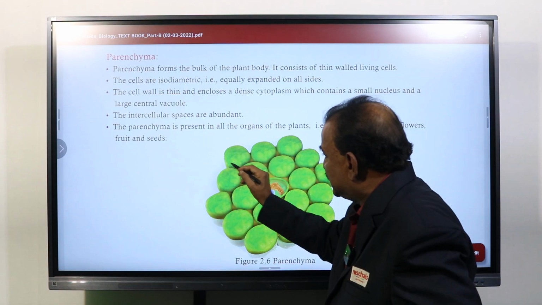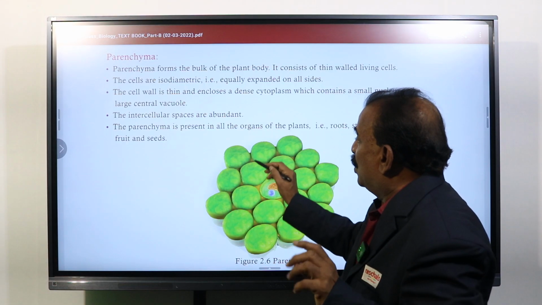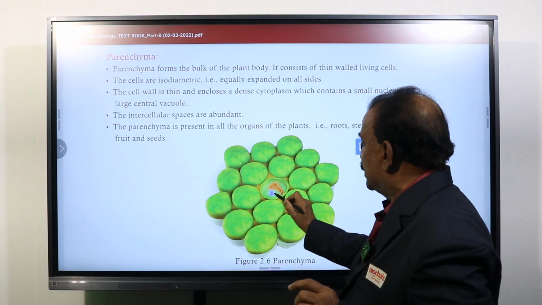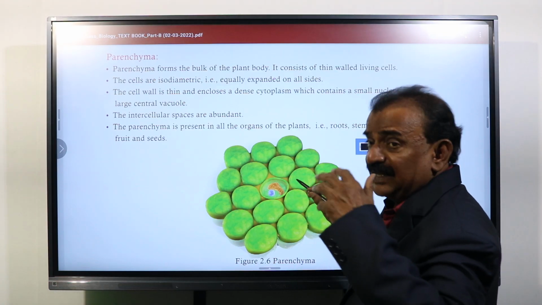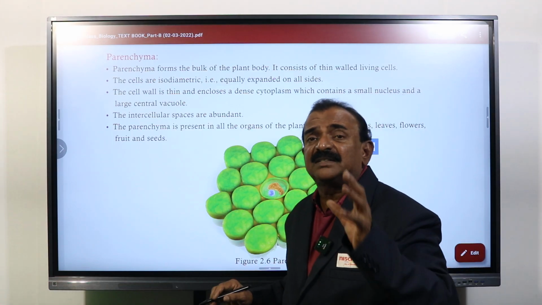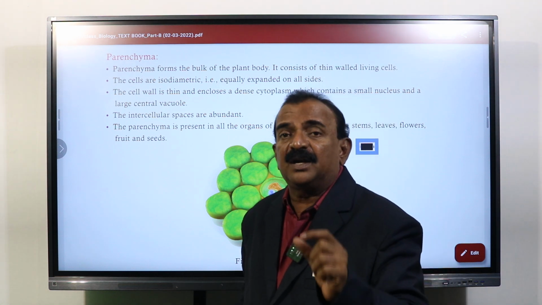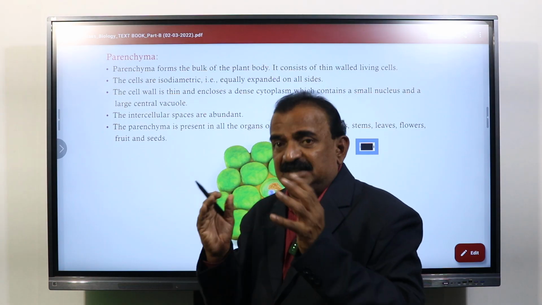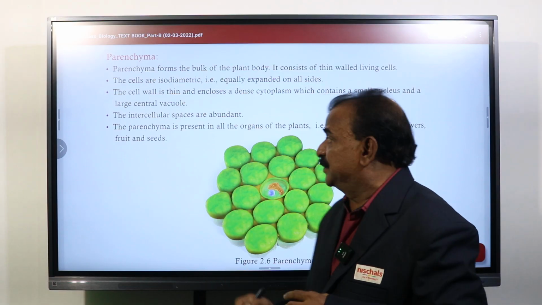So here you see the presence of a cell wall. Cell wall is present, but it is thin and encloses a dense cytoplasm which contains a small nucleus and also a large vacuole. So at the center of these parenchyma cells, a small nucleus is present and also a large vacuole, and it has cytoplasm, and it is isodiametric in shape.